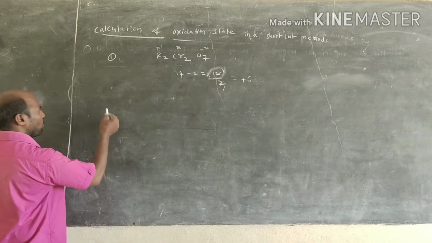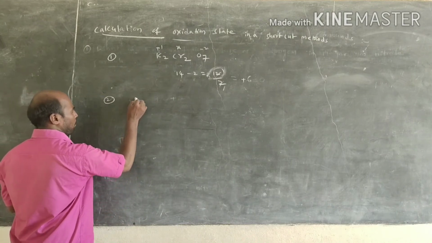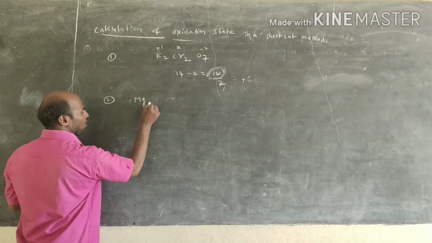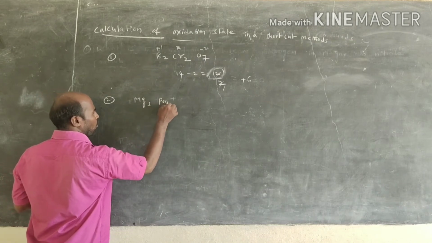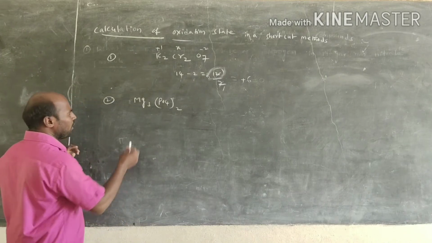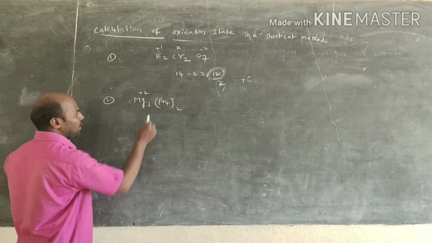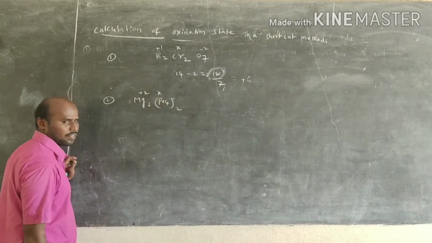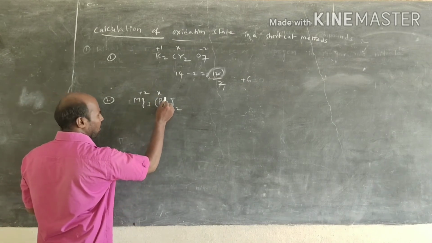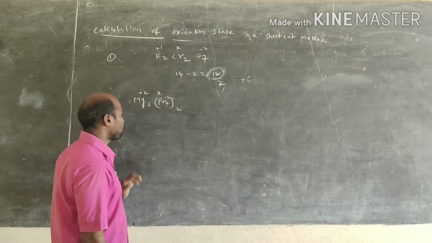Now we can take one more example: magnesium phosphate, Mg3(PO4)2. Here the charge of magnesium is plus 2, the charge of phosphorus is x. What is the charge of oxygen? Minus 2.